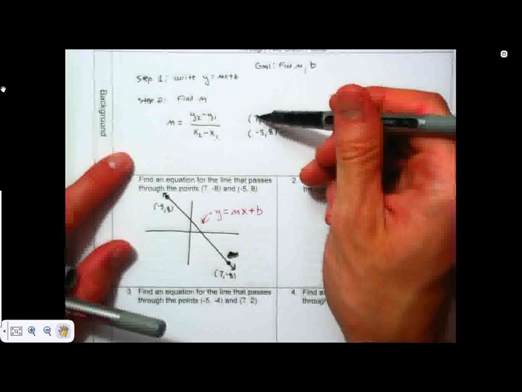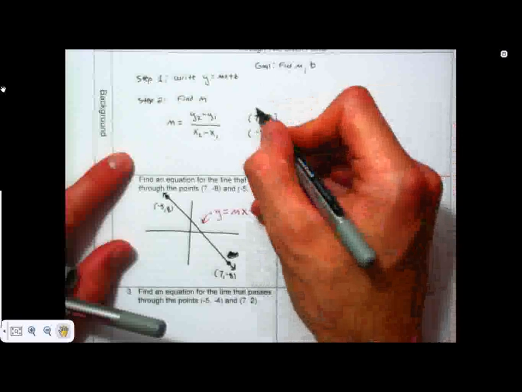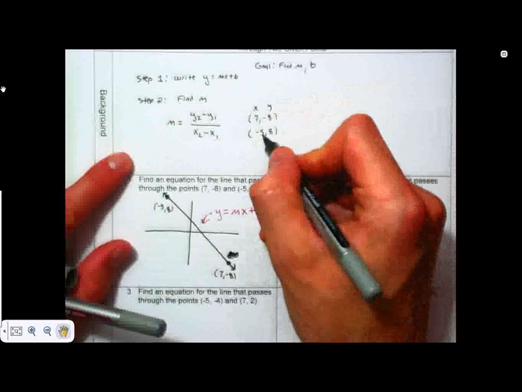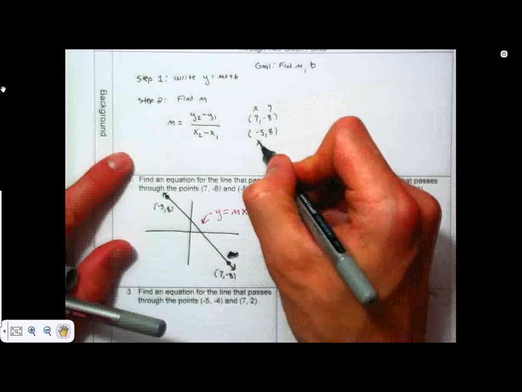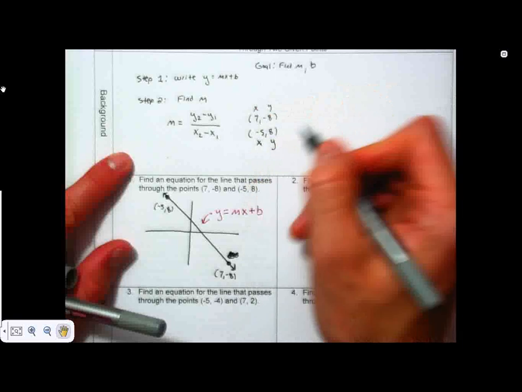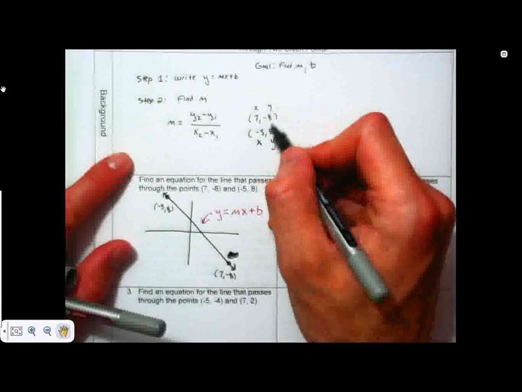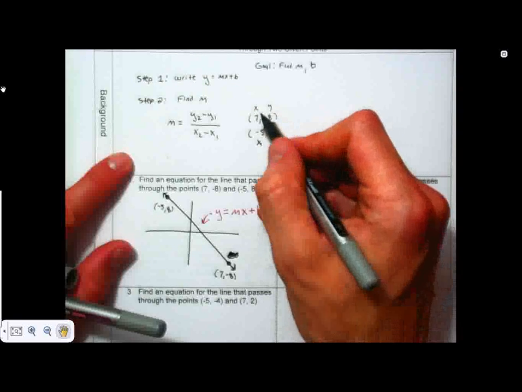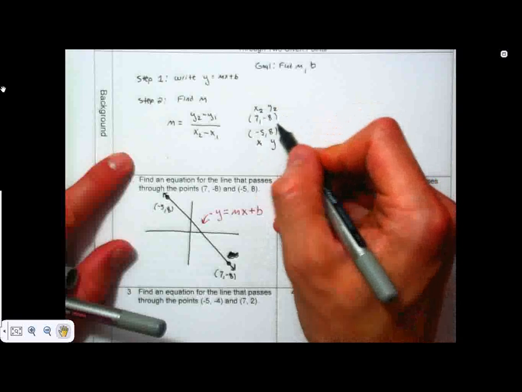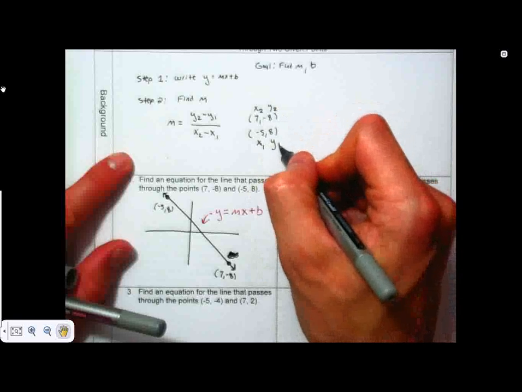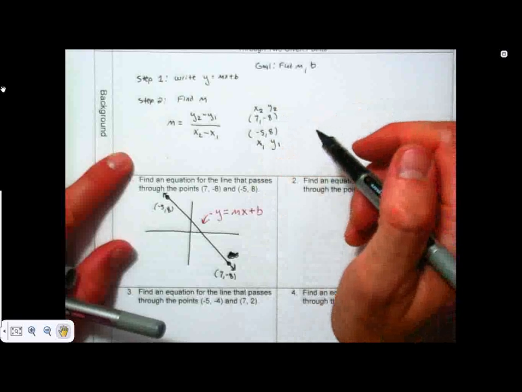Again, I've got an x-coordinate and a y-coordinate. Down here, -5 is my x-coordinate, 8 is my y-coordinate. I just have to decide which one to make x1 and y1, and which one to make x2 and y2. I'm going to do x2 and y2 here, and x1 and y1 down here. It really doesn't matter, as long as you do the math carefully.